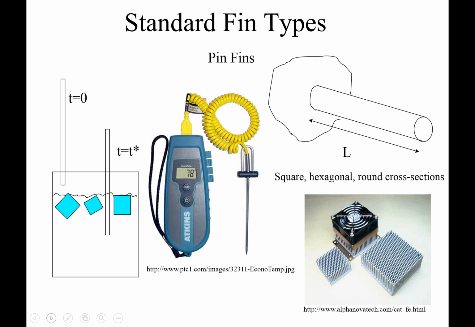So the standard fin types that exist really can be categorized as constant cross-sectional area fins, and of those constant cross-sectional area fins, there's sort of an easy case, which is called the pin fin, and variable cross-sectional area fins.